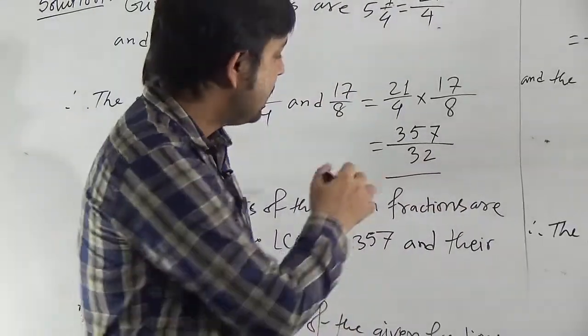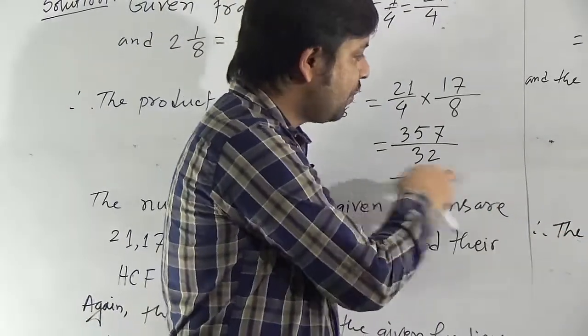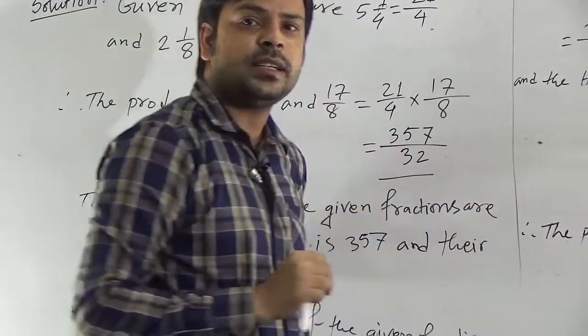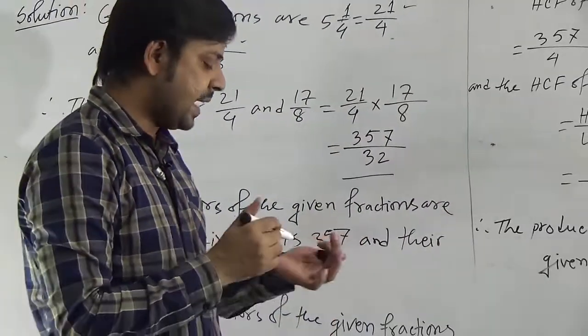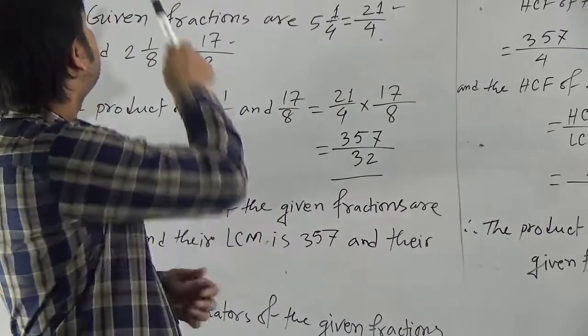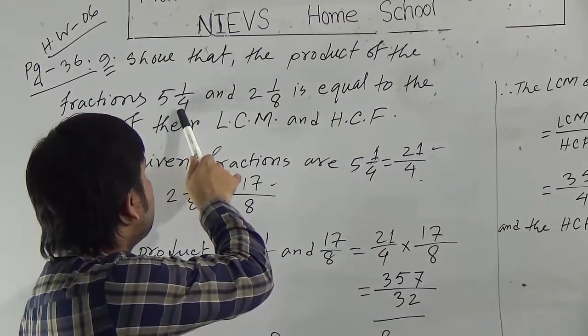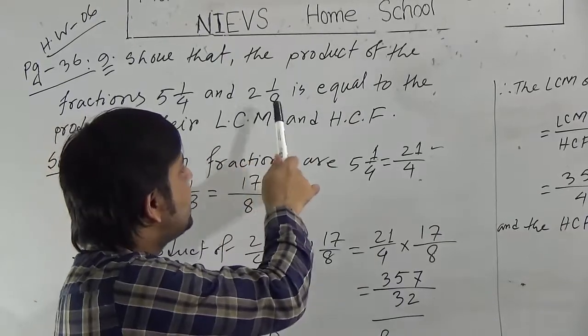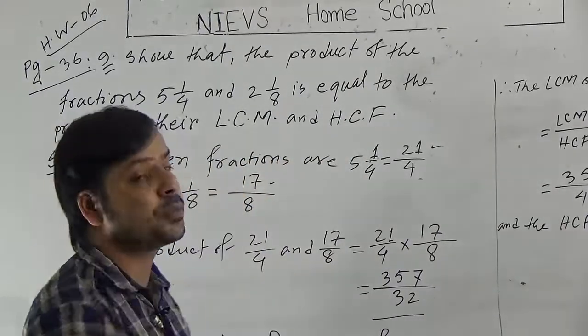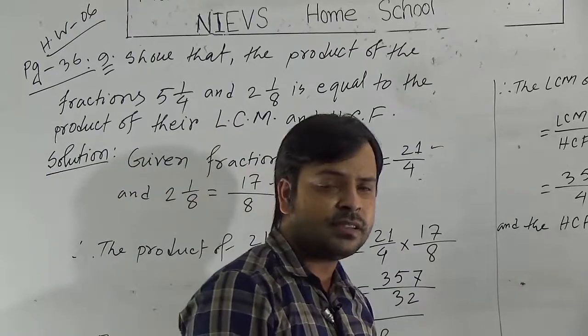What does it mean? If you observe, these two are equal. It means we can say the product of the fractions 5 integer 1 by 4 and 2 integer 1 by 8 is equal to the product of their LCM and HCF.